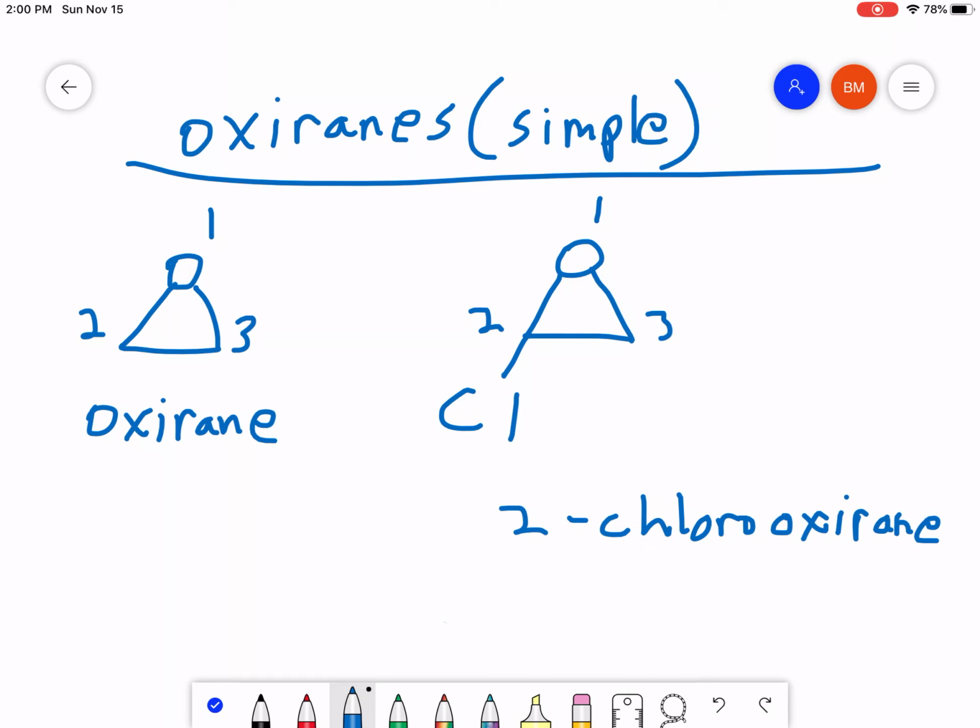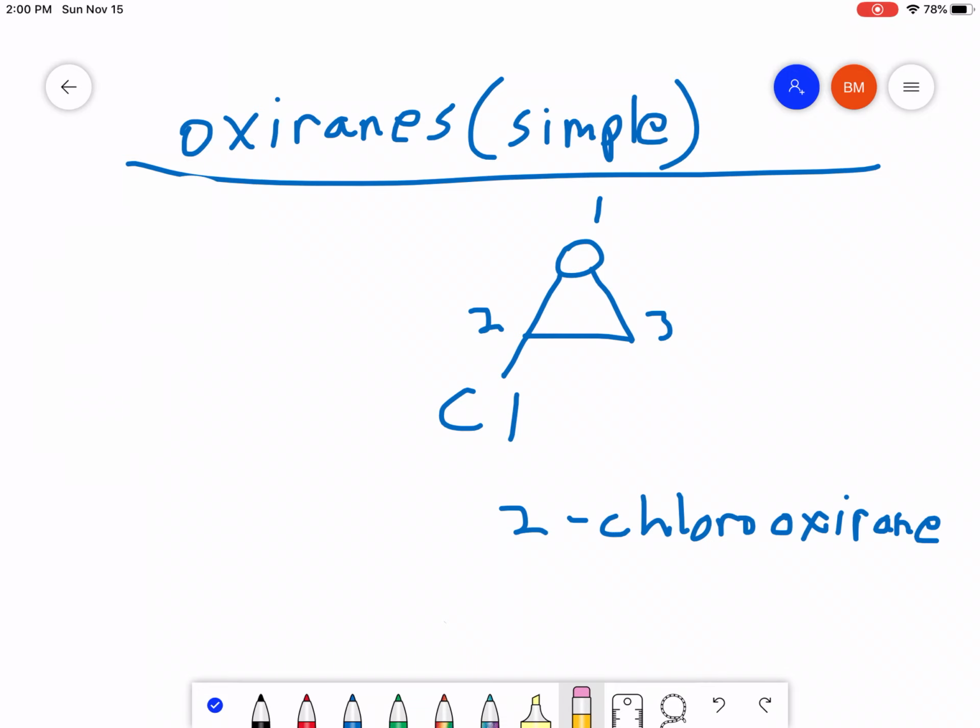However, if we had something like this, in that case, that would be 1. This one would be number 2 because it's got substituents, and this one would be number 3.